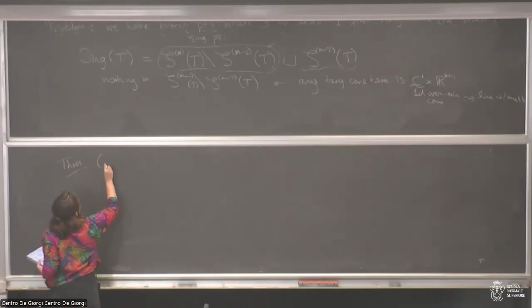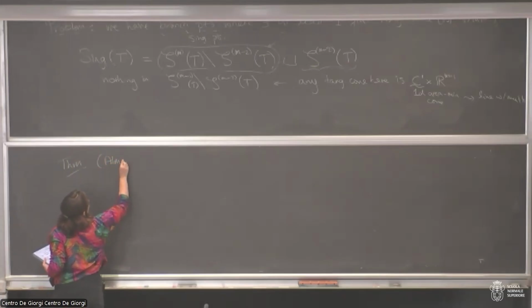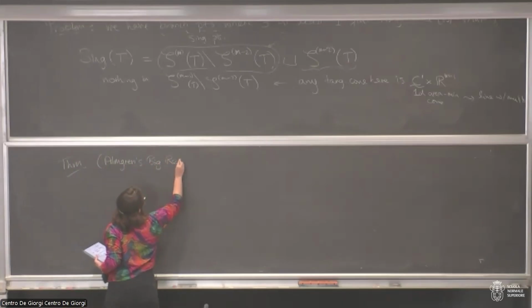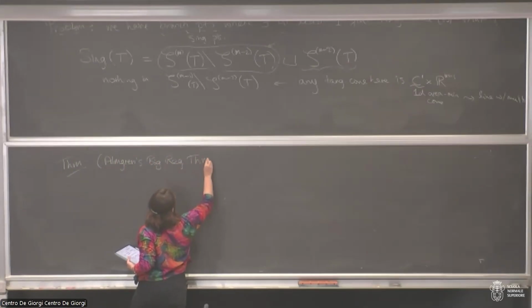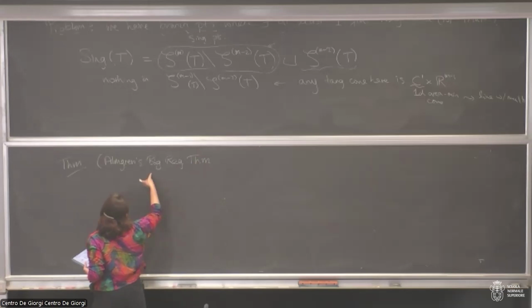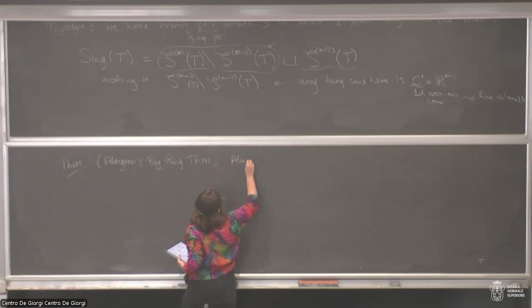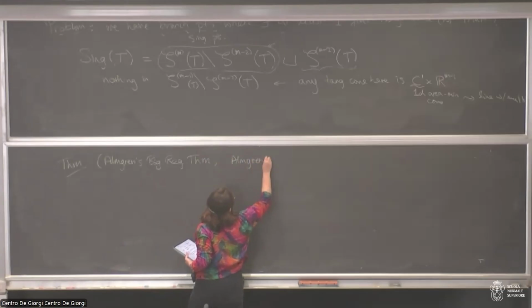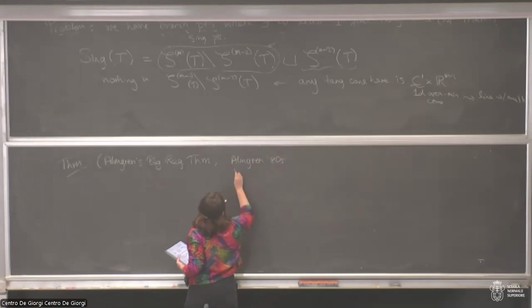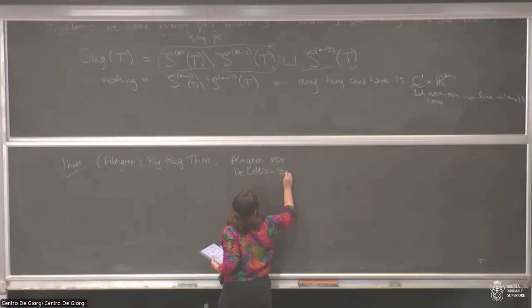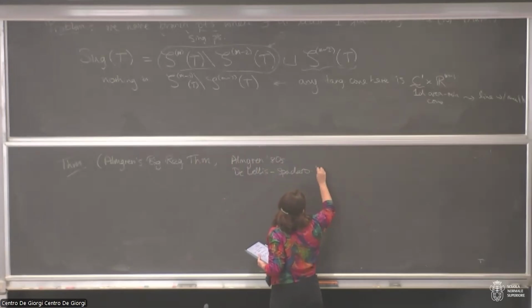So, big regularity. This was Almgren in the 80s, and then it was revisited and simplified by De Lellis and Spadaro in a series of papers from like 14, 15, maybe.